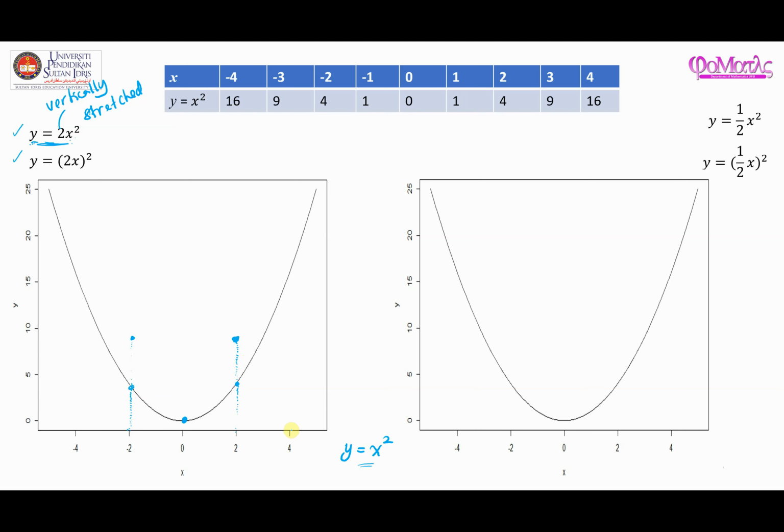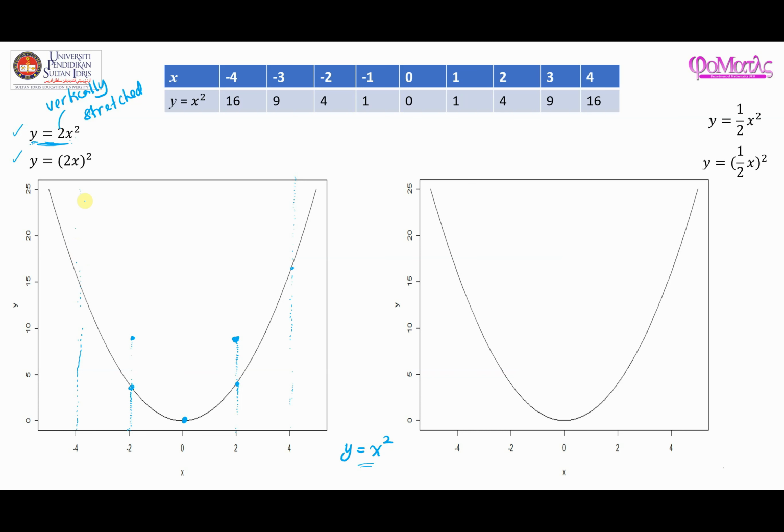For example, if you have 4, originally it will be at 16, and when you multiply by 2, it will be somewhere at 32, which is outside the range of the graph given here. Anyway, we can get the idea now, so we can just sketch the graph.